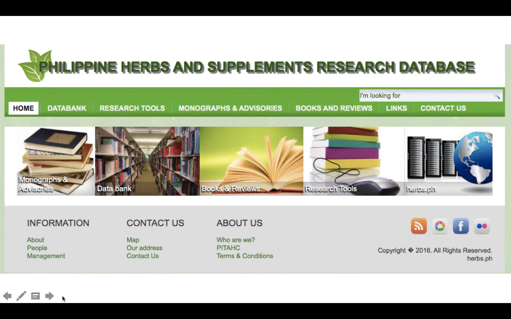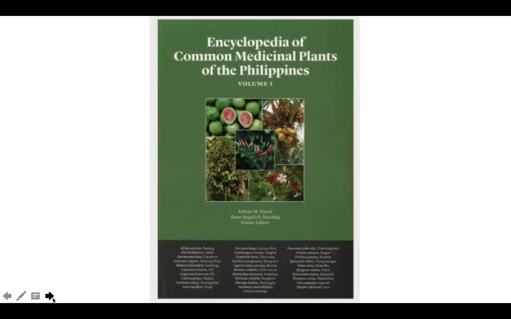One of the books that captured my attention is the Encyclopedia of Common Medicinal Plants of the Philippines, edited by Fabian Dayrit and colleagues.